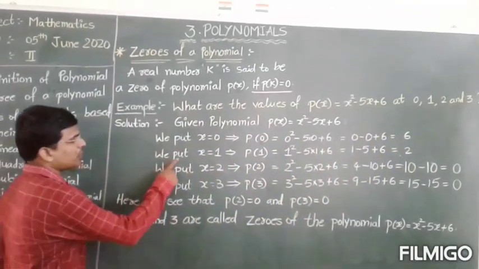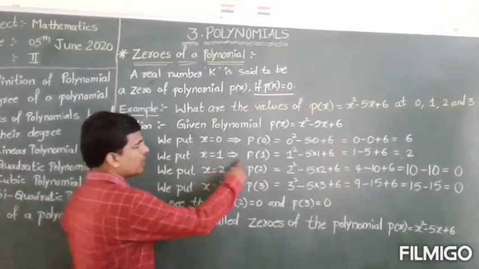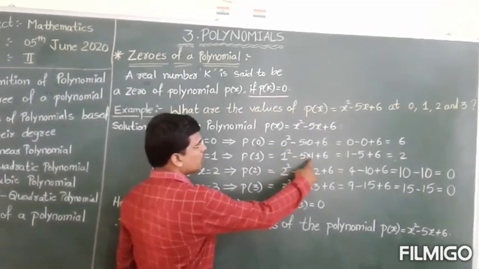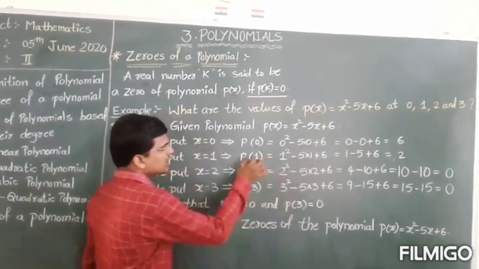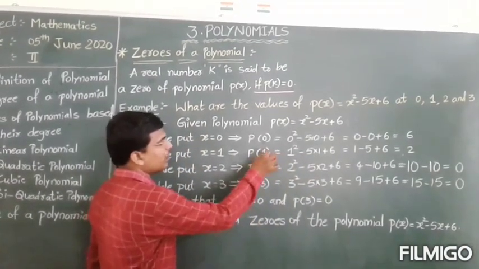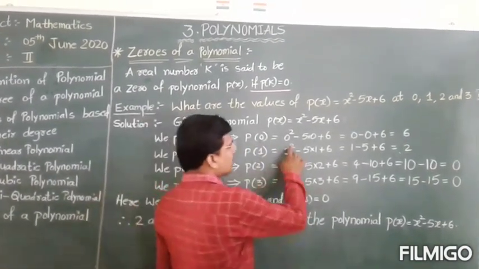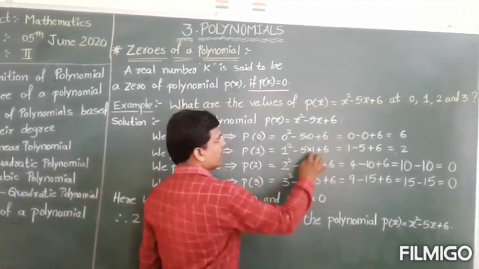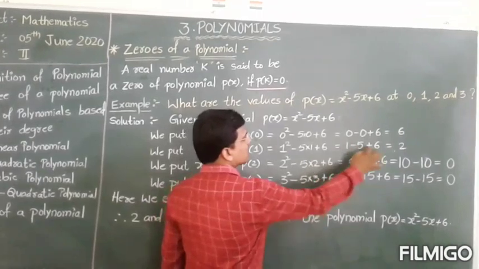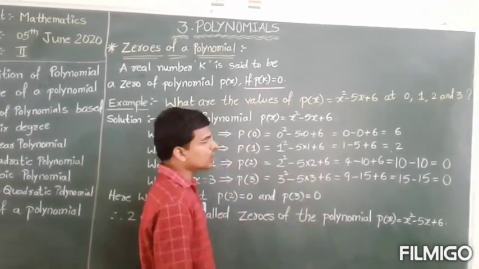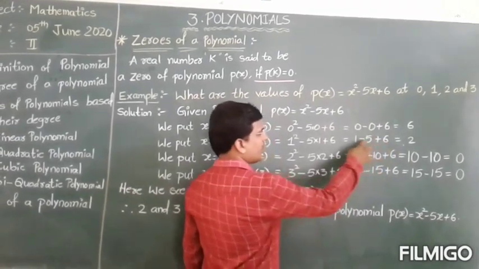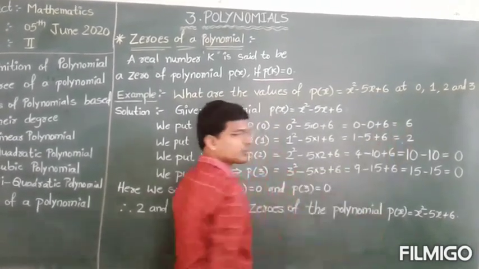Next, if we put x = 1, then P(1) = 1² − 5 × 1 + 6. Here I am just substituting 1 in the place of x. 1 square is 1 into 1, 1, minus 5 into 1, 5, plus 6. First add positive numbers: 1 plus 6 is 7, 7 minus 5 is 2.